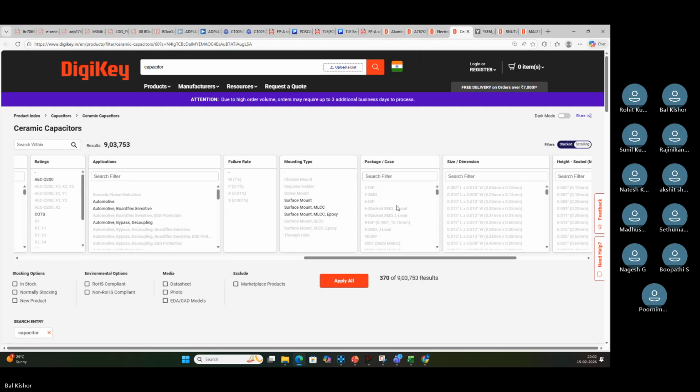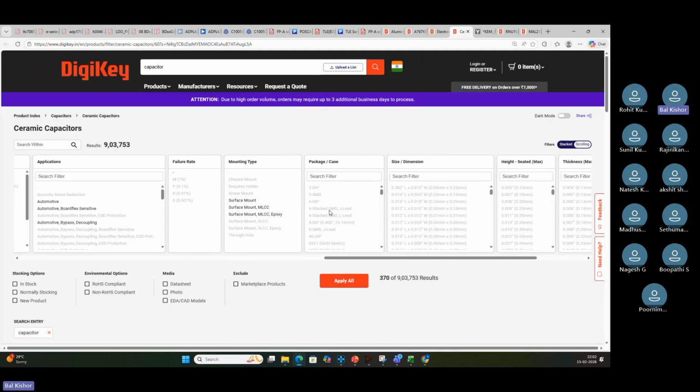Okay. And then we have the package. Since this is 10 microfarad, I told you that you will not be able to get it in a 0603 package, or it is available, so you can go ahead with 0603. But better, for 10 microfarad capacitors, you can write it down, make a note that try to go ahead with 0805 always. And if you have higher voltage, let's say 25 volt, then you can go ahead with even 1206.